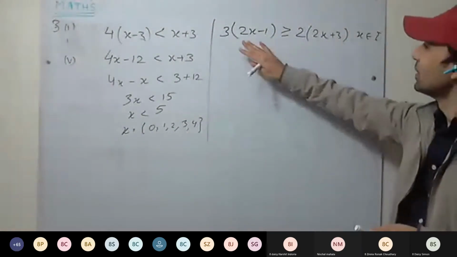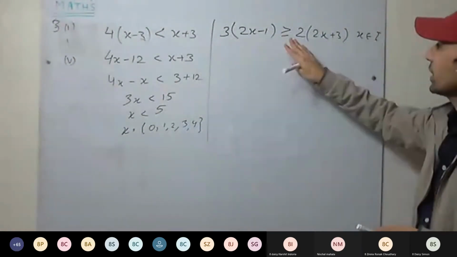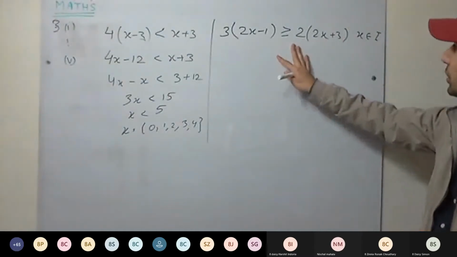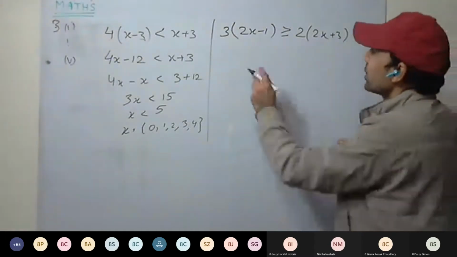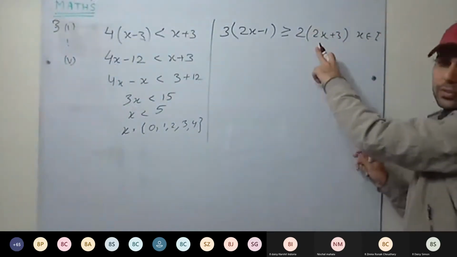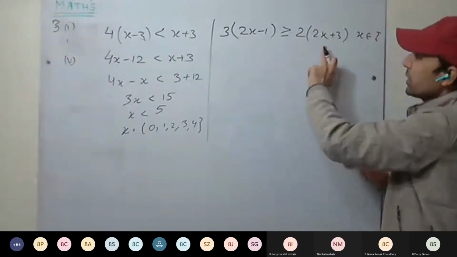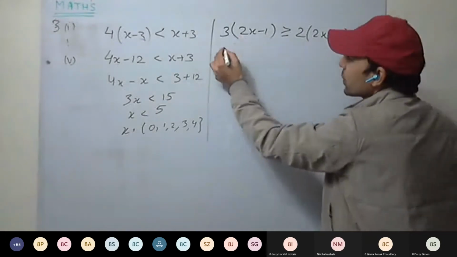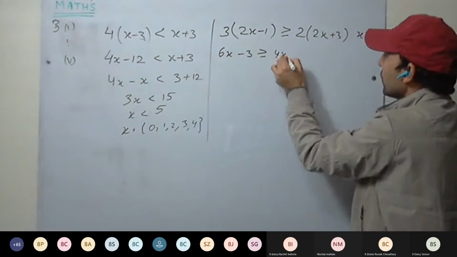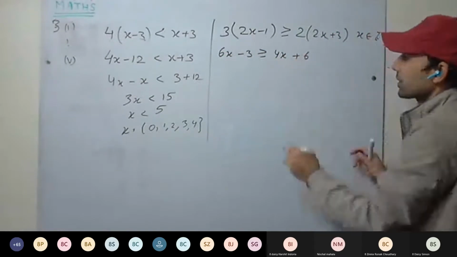Okay. So 3 into 2x minus 1 greater than equal to this. This is the inequality you have to solve. Now, what will we be doing first? Open the bracket on left hand side. Open the bracket on right hand side. So 6x minus 3 greater than equal to 4x plus 6.